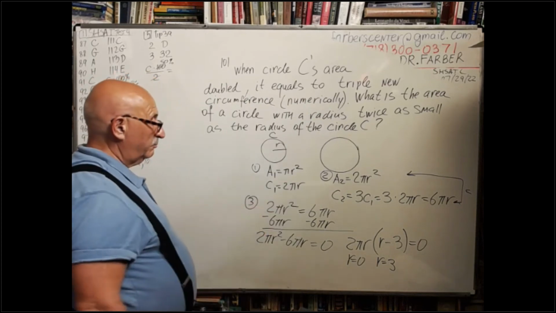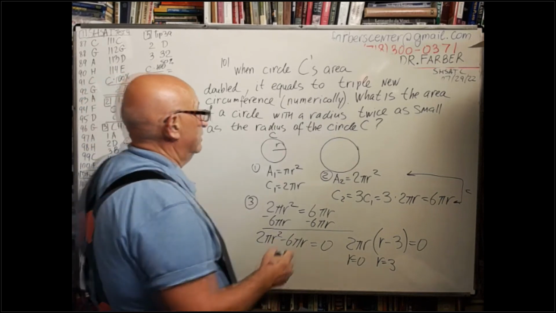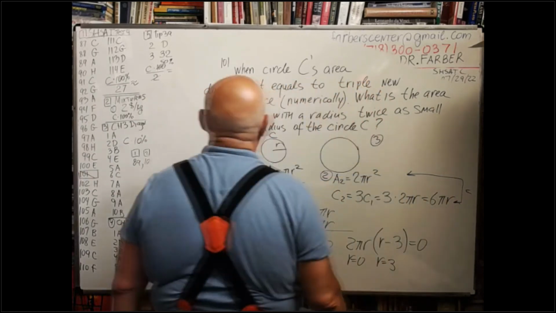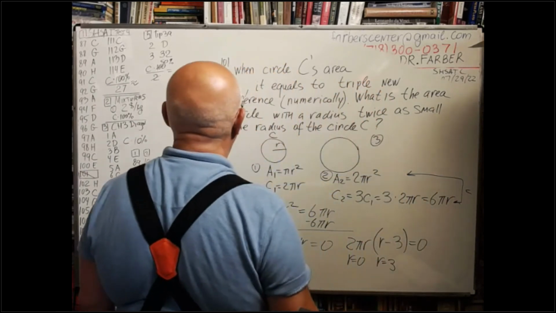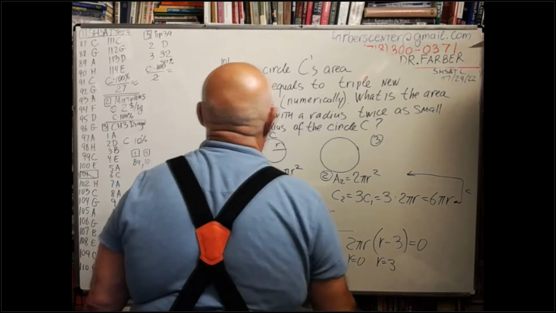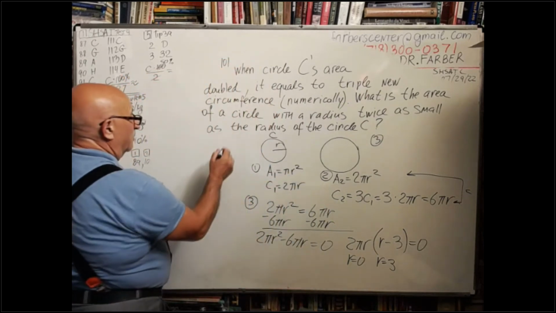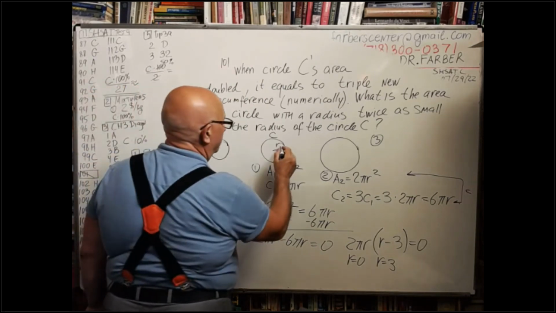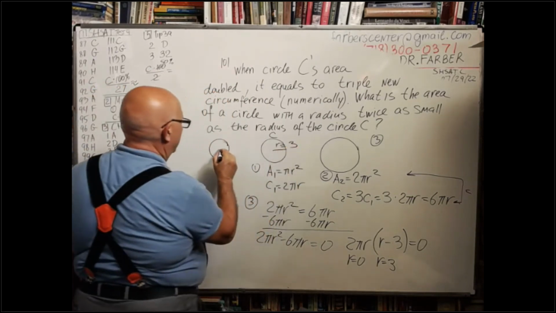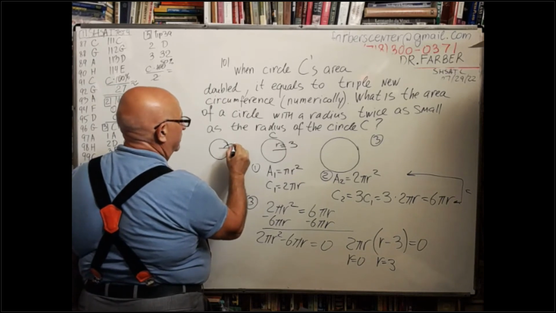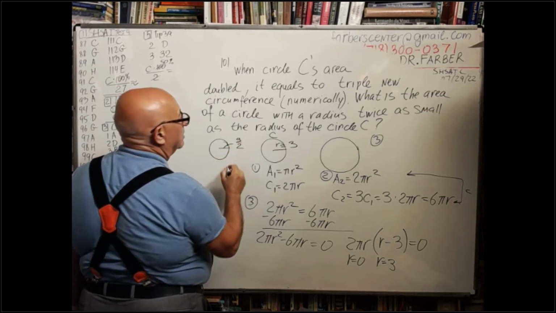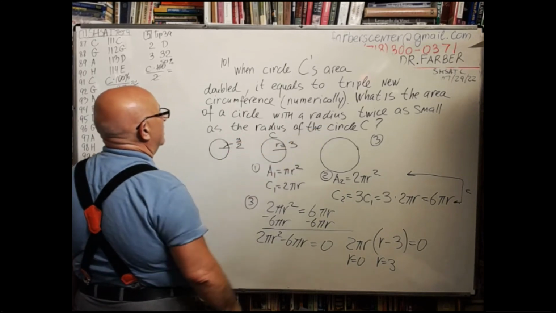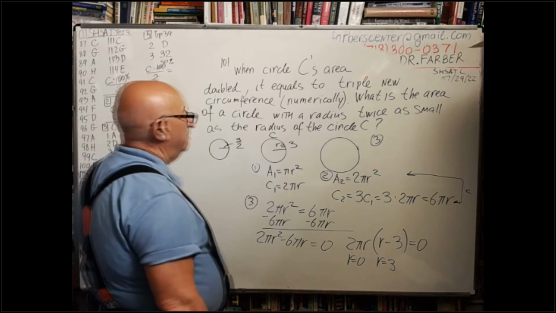Now, answer the last question. I use this space. Find the area of the circle. So this radius, you know, is 3. And this one is even smaller. This radius equals 3 over 2. Why? Because it's twice smaller than this one. They ask you to find the area.